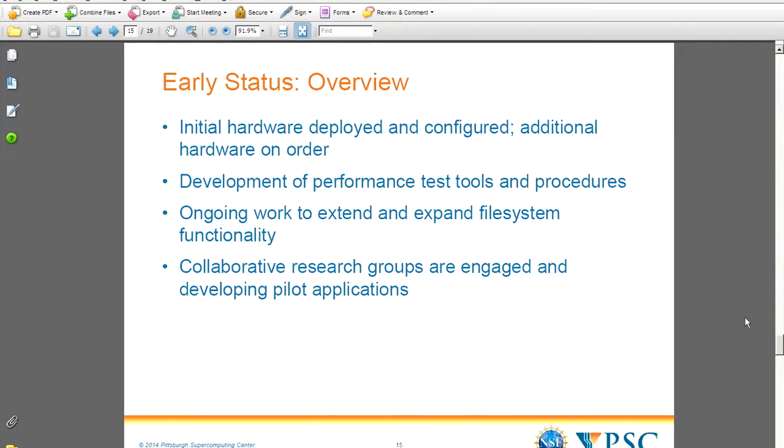We have developed a set of performance test tools and procedures, and those are being used to tune and improve the Data XSL. We're working on extending and expanding /2. We have a set of action items there on which we're making steady progress. And the research groups I described earlier are engaged and are actively developing pilot applications.